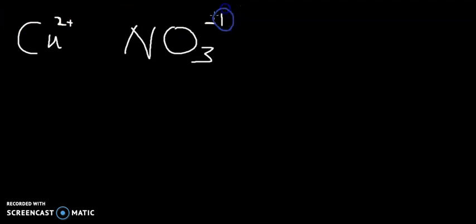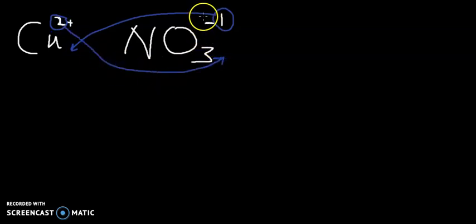So this 1 goes here for the copper as a subscript. This 2 goes for the nitrate, the whole of nitrate. So not just for the oxygen or only for the nitrogen, but for the whole of it. You treat NO3 minus, the nitrate ion, or any other polyatomic ion as one unit.